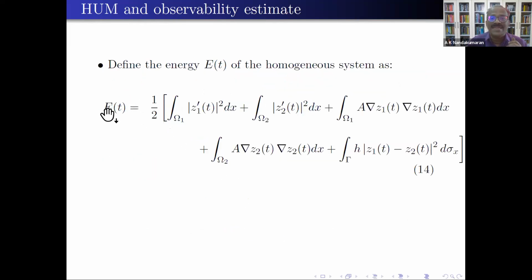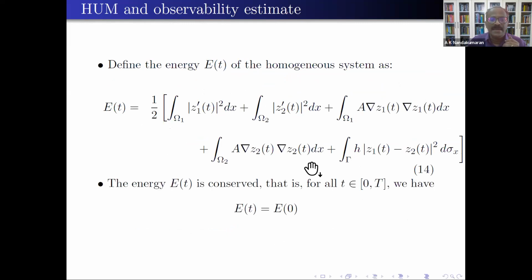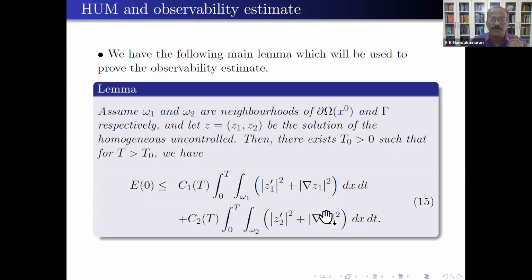And then you look at your energy, exactly what you have seen. You have to include these terms here. You look at your energy and you can prove that energy is conserved. You get that one. So you look at its values at the origin. And so we have the following lemma.